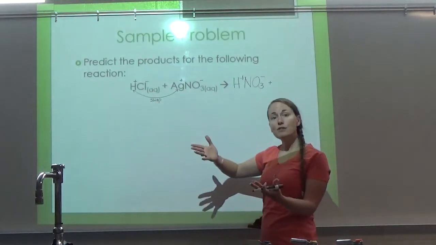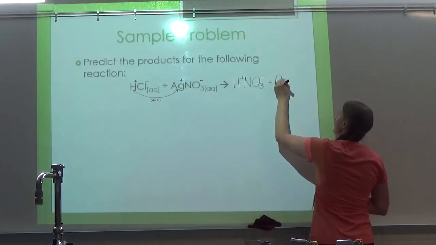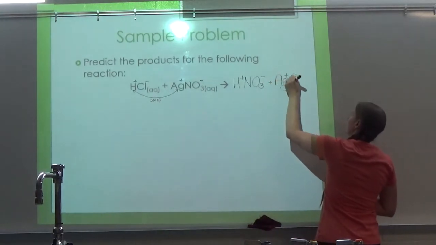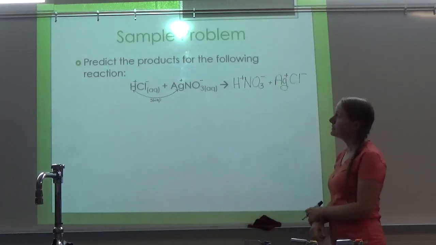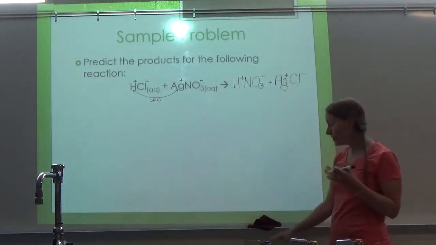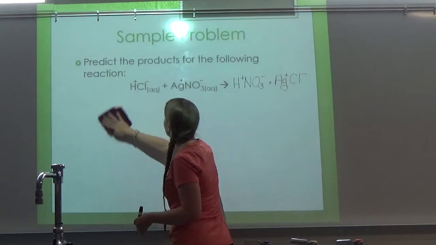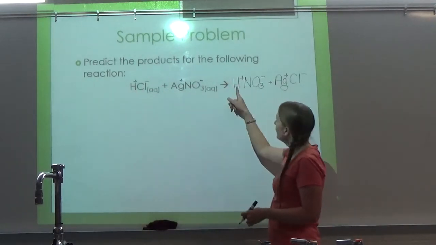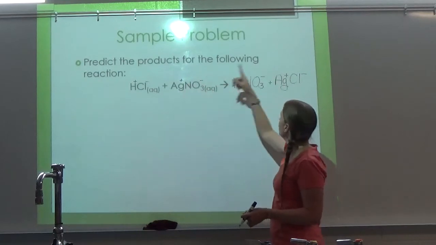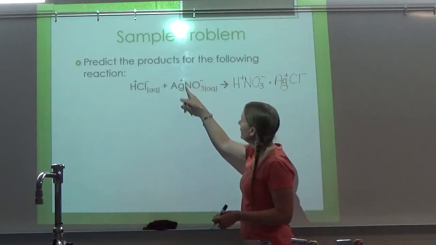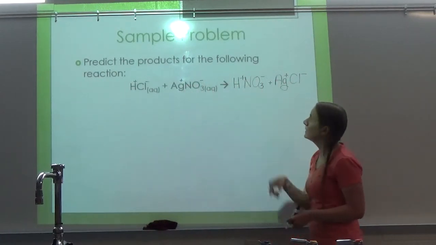I'm going to write Ag first because it is the positive one. So Ag positive, Cl negative, so I don't need any subscripts here. Once you do that, you need to balance the equation. So I have 1 H, 1 H, 1 Cl, 1 Cl, 1 Ag, 1 Ag, 1 nitrate, which is NO3, and 1 nitrate.